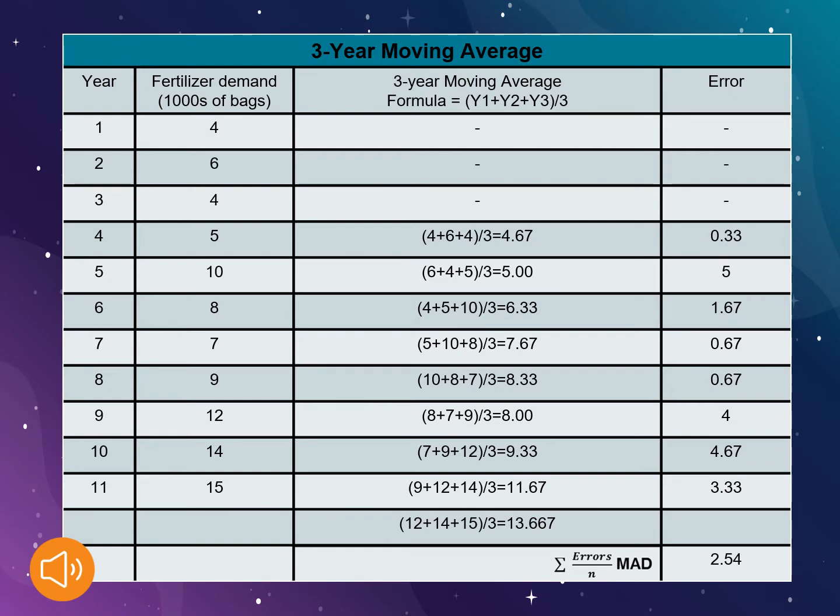Since we use 3 data points, that is the denominator, which gave us a result of 4.67 or 4,670 forecast for year 4. Since the actual demand was 5,000 for year 4, this gave us a 0.33 error, or 330 discrepancy.